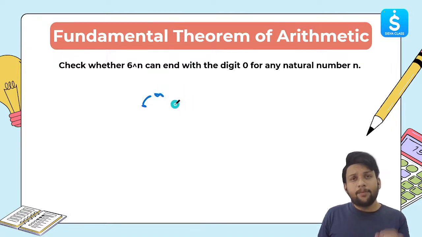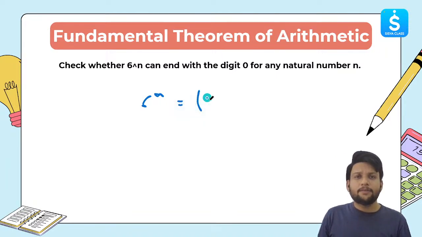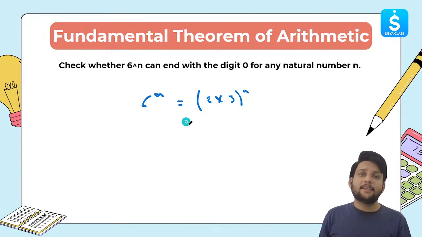Now tell me, if I write 6 as a product of primes, I can write it as 2 times 3. Yes, you agree with me? Of course. So 6 to the power n is 2 times 3 raised to power n. Using the rules of exponents, I can also write this as 2 raised to the power n multiplied by 3 raised to the power n.